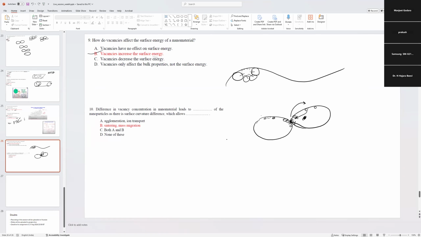So this is the process of sintering. The difference in the vacancy concentration in the material leads to sintering of the nanoparticle, as there is a surface curvature difference, which allows for mass migration of atoms. B is correct.